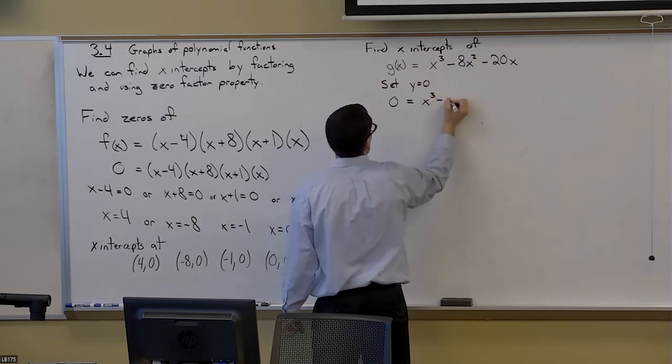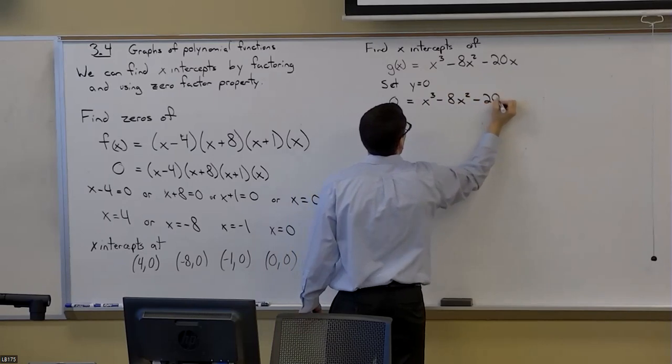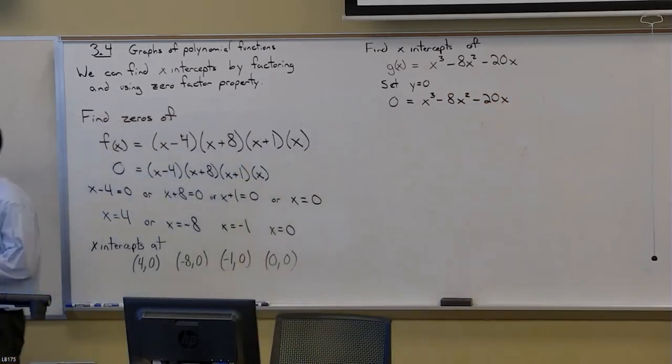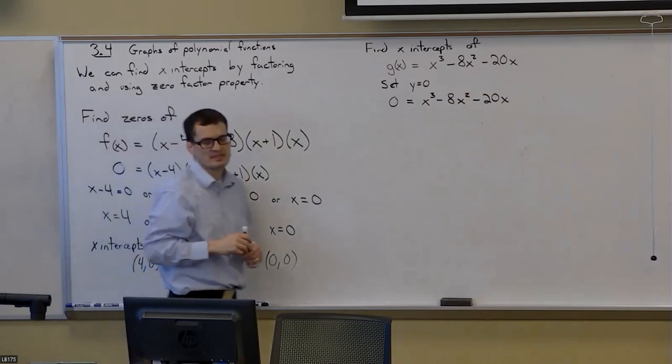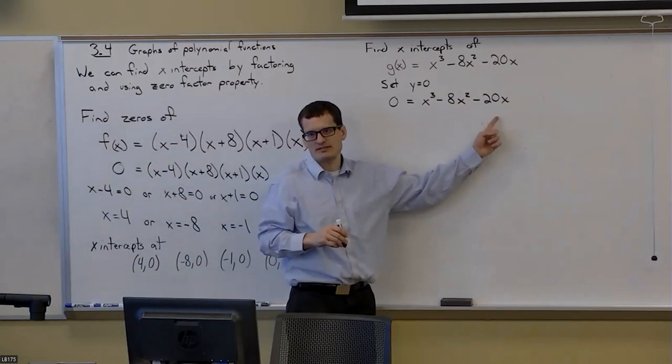First thing I'm going to do is set y equal to 0. Now, in this case, I can factor out a greatest common factor.